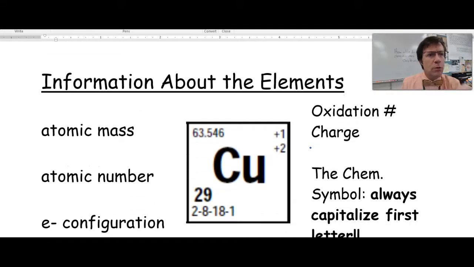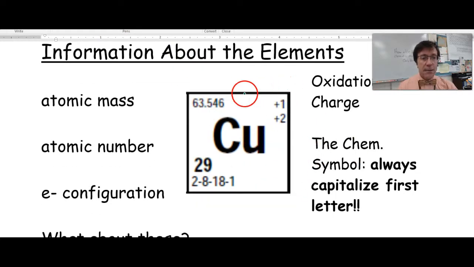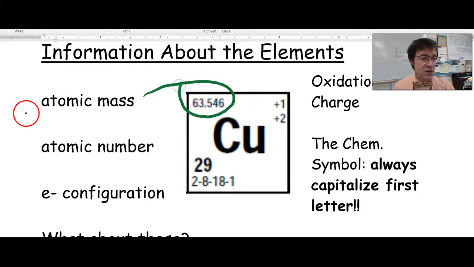And so a quick refresher, this is nothing new. You guys already know all this. Information that is on the periodic table of the elements. Atomic mass. Now you remember, this is atomic mass. And remember, it's the average. It is average atomic mass. Not the mass of one individual atom, but the average mass of all the copper atoms that you will have when you scoop up a sample of copper or any other element.